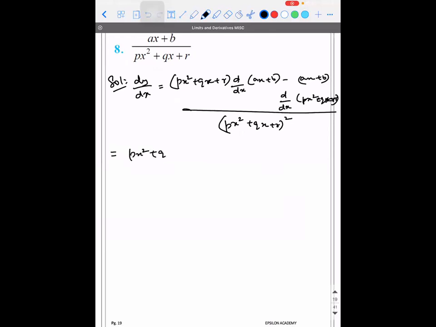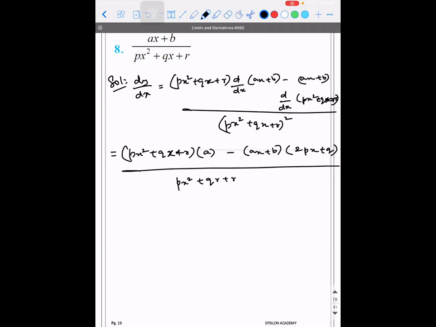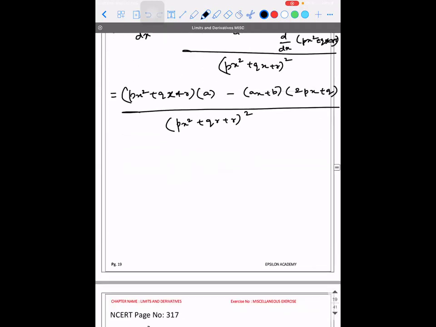So you have px square plus qx plus r into derivative of ax plus b, which is a, minus ax plus b into derivative of px square plus qx plus r, which is 2px plus q, the whole divided by px square plus qx plus r, the whole square.